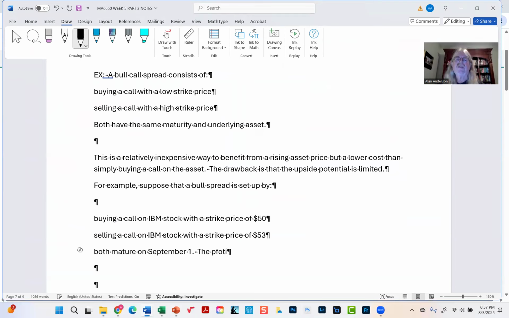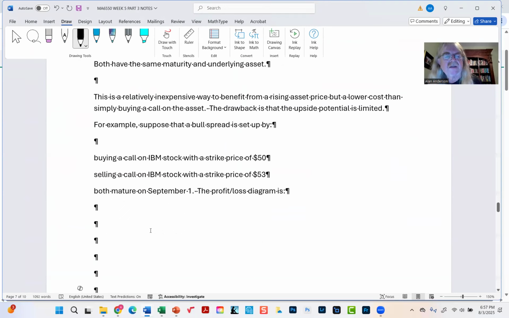The profit and loss diagram, and here it is. So take a quick look at it.